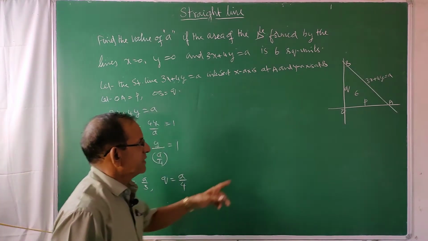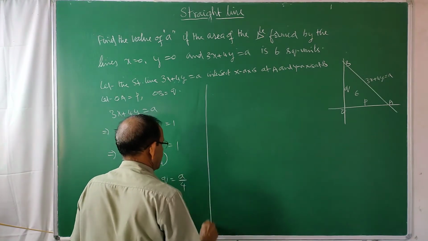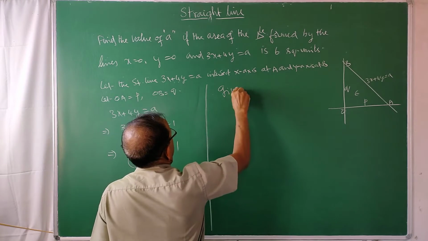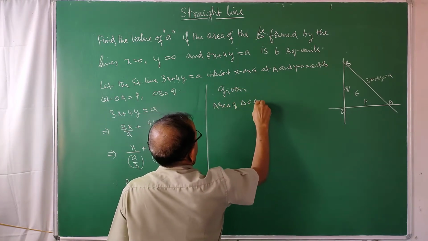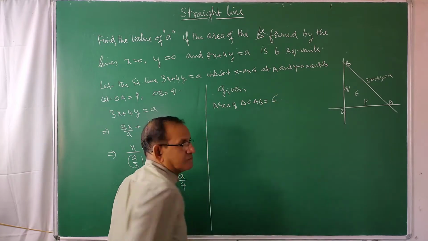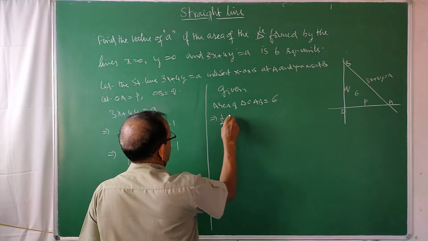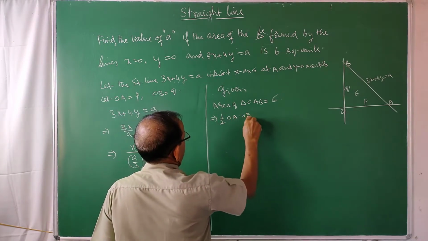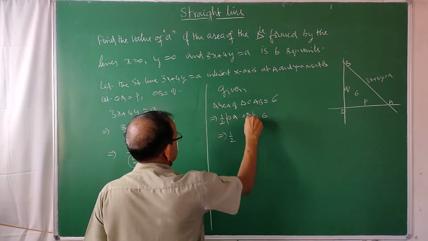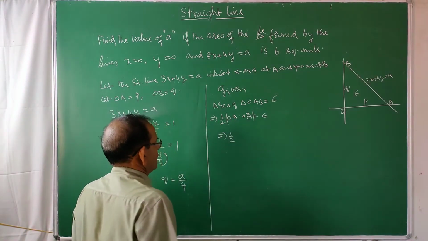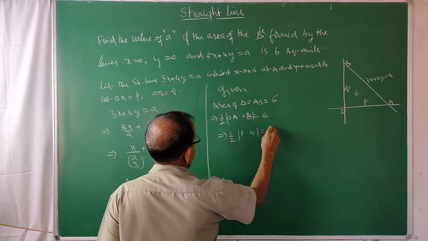Now the area of triangle OAB is given as 6 square units. Given, the area of triangle OAB is equal to 6. That is half OA into OB is equal to 6. That implies, taking modulus also, half modulus of p into modulus of q is equal to 6, where OA is p and OB is q.